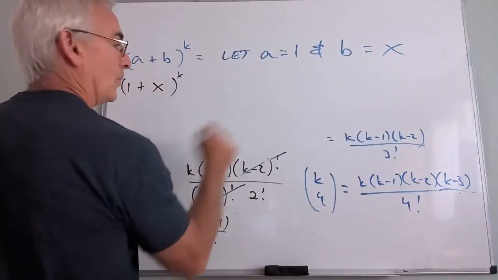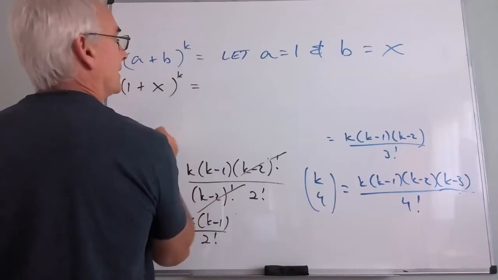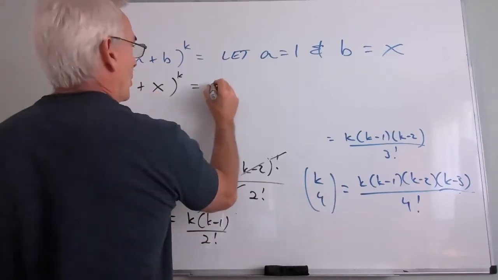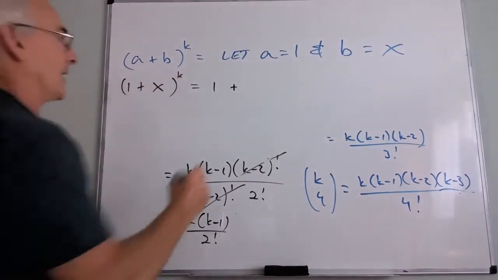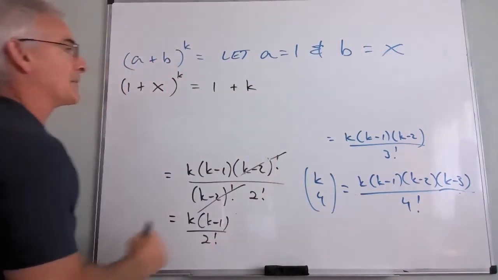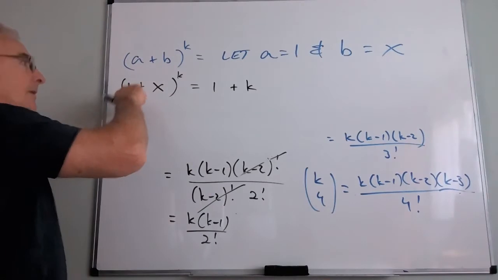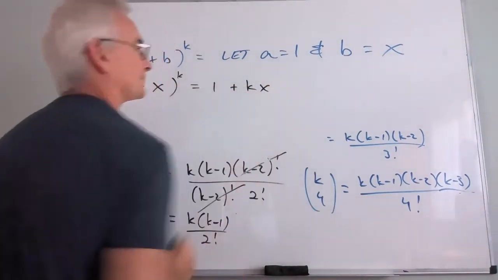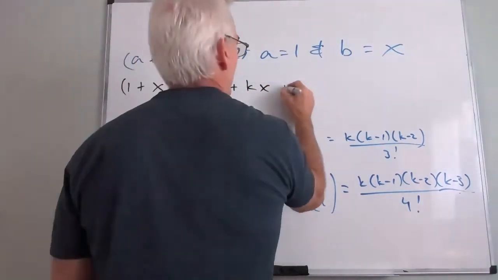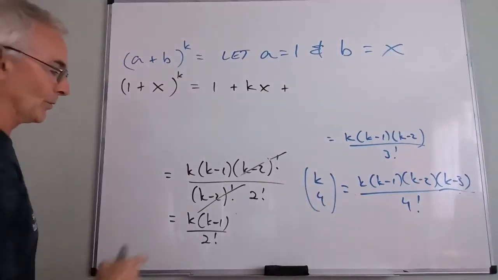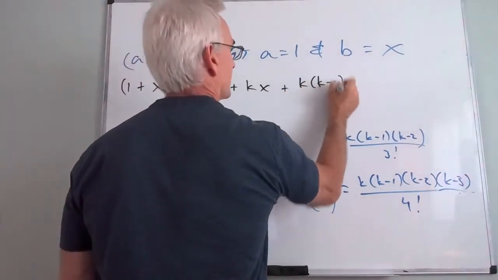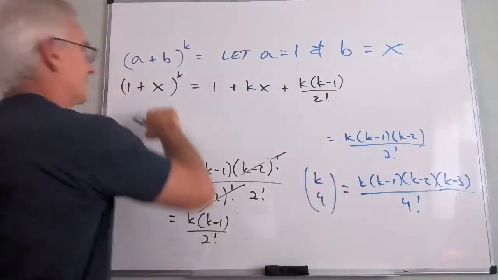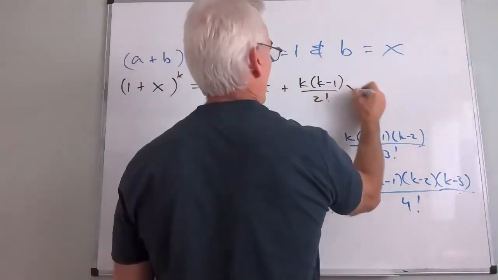Okay, what was the first term? It was A to the K. So in this case, it would be 1. The next term was plus K times A to the K minus 1, which would still be 1, times that term. And then the next term was plus K choose 2, and then B to the second power.